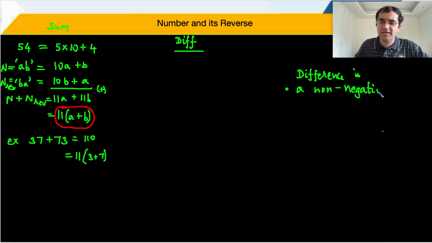Means it cannot be negative, so it can be 0 or it can be positive. Non-negative term. So therefore it is greater than or equal to 0. And in order to calculate it, you just do big value minus small value.